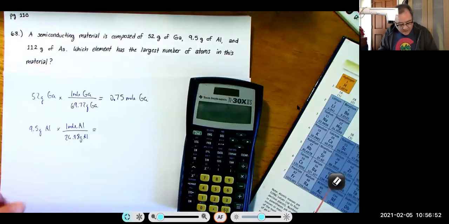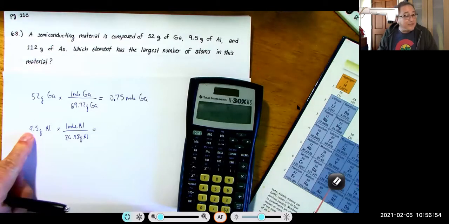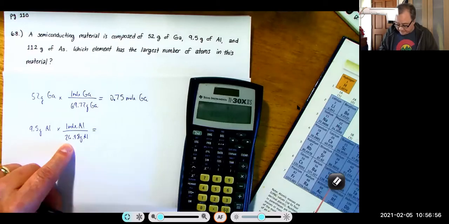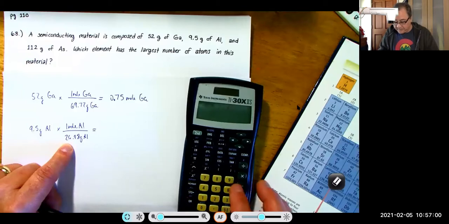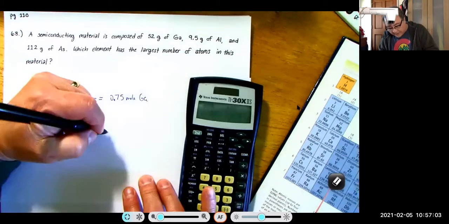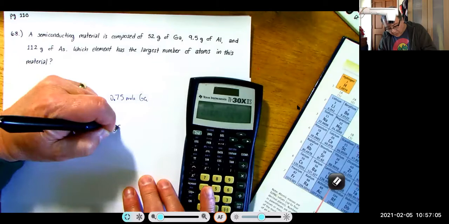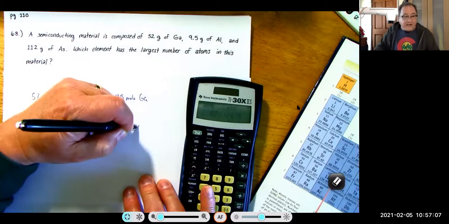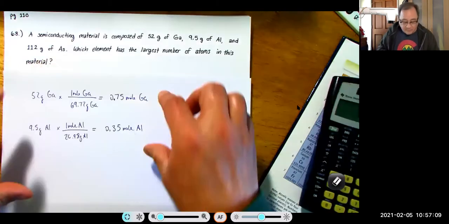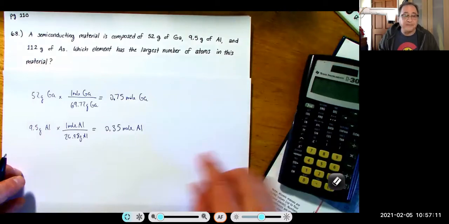And here, 9.5 over 26 is going to be less than half. And I get 0.35 mole of aluminum. Now, I didn't actually calculate atoms, but which one has more atoms?